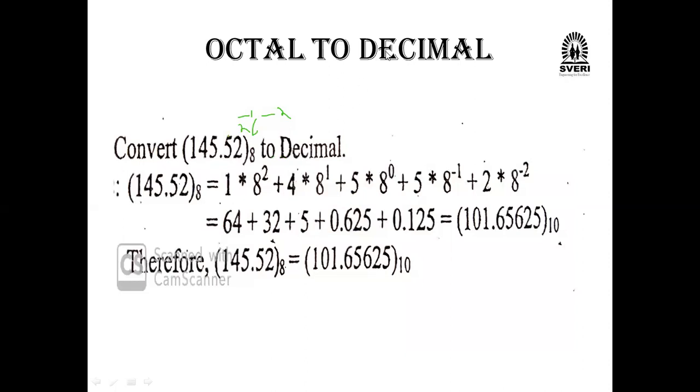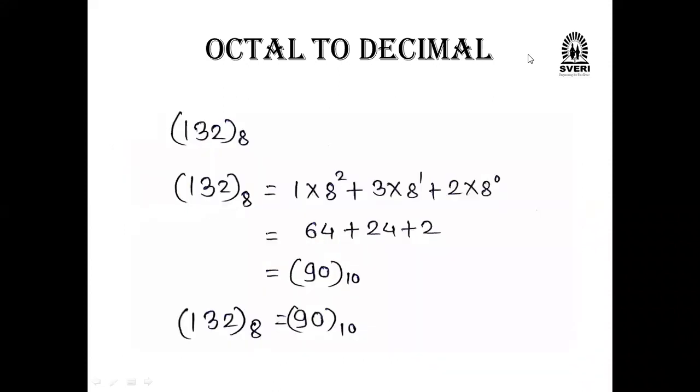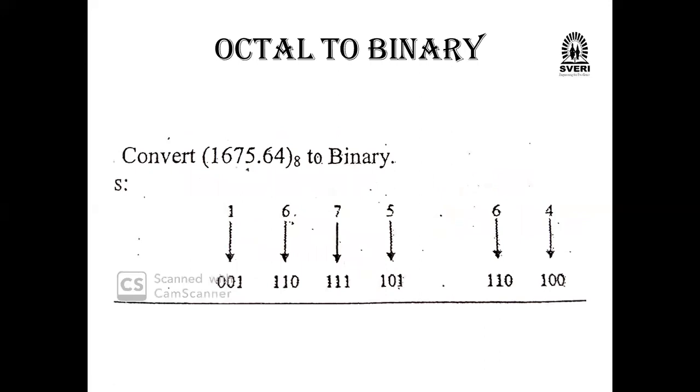I told you, if it is in the point system, we have to consider 8 to the power of -1, -2. So this is octal to decimal. Next, octal to binary we'll discuss here now.